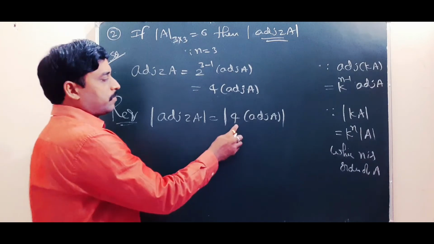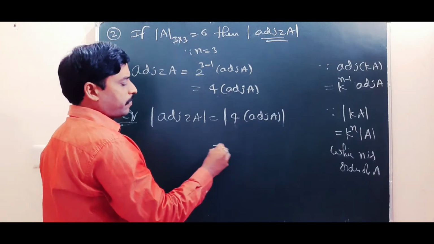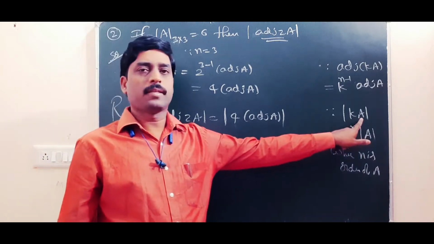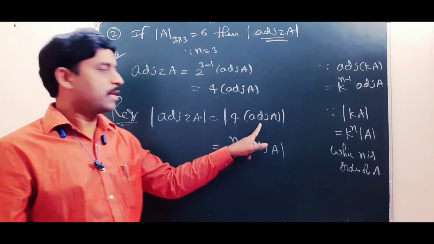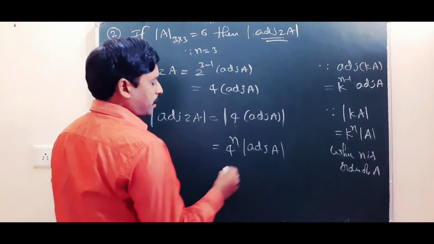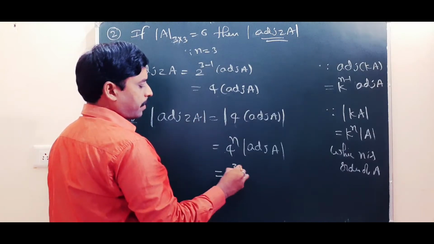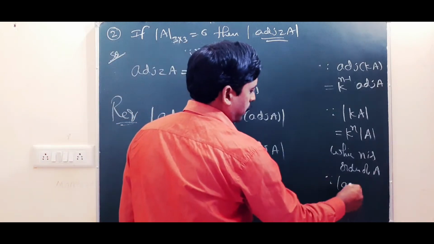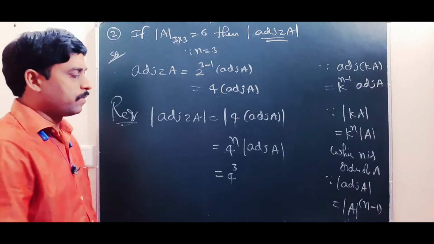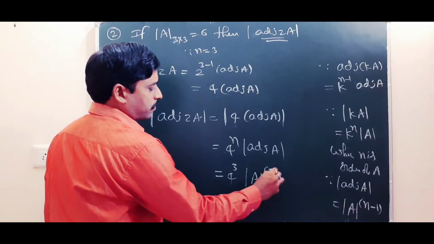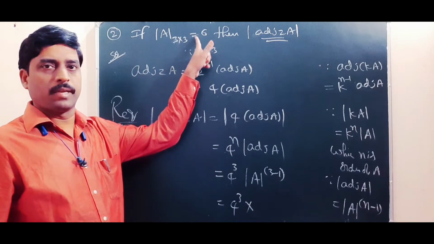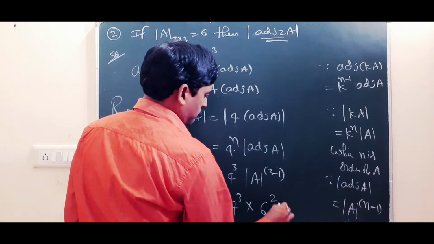Here the constant is 4, so 4 to the power n into determinant of adjoint A, with n equal to 3. Adjoint A is the transpose of the cofactor matrix. Determinant of adjoint A is determinant A power n minus 1, with n value 3, so 3 minus 1. It will be 4 cube into determinant A, which is 6 given, to the power 2. So this is the answer.